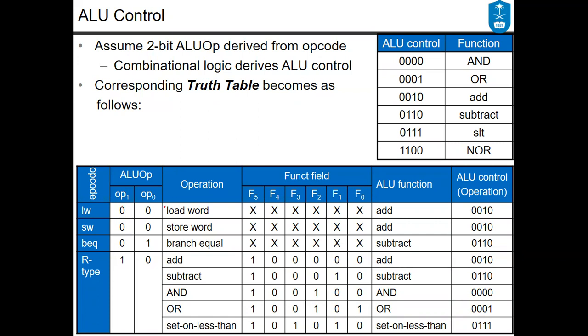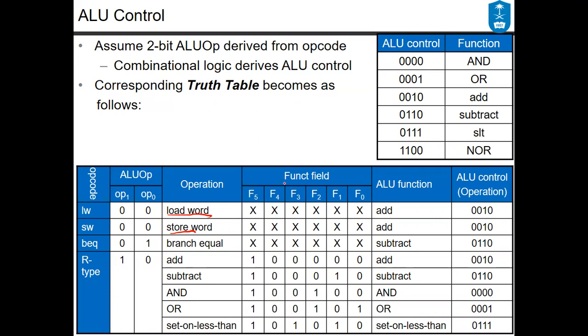It will be 00 if it is load or store. If your instruction is load or store, it is irrespective of the function field, because you don't have this in the instruction itself. You have an immediate value spanning from 0 to 15.